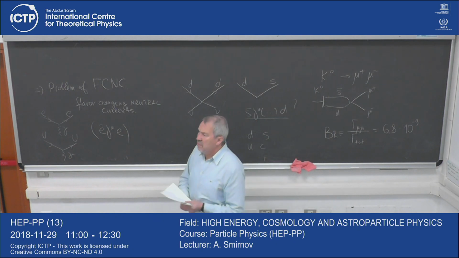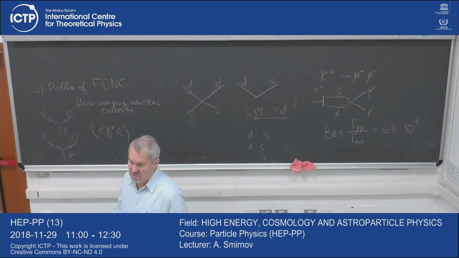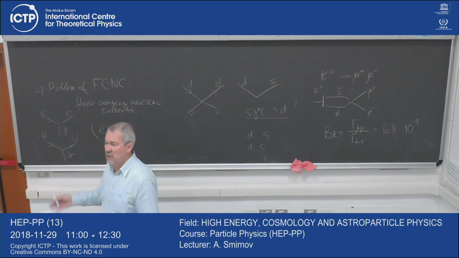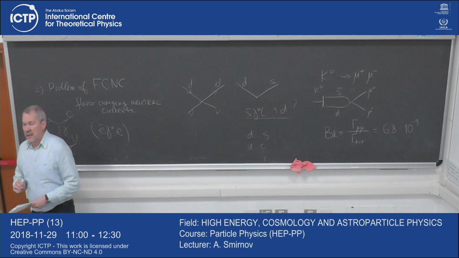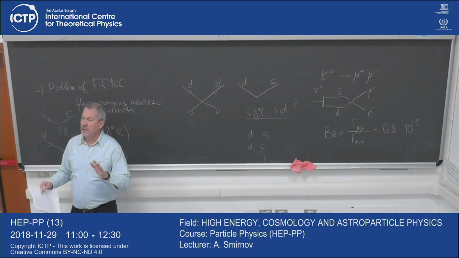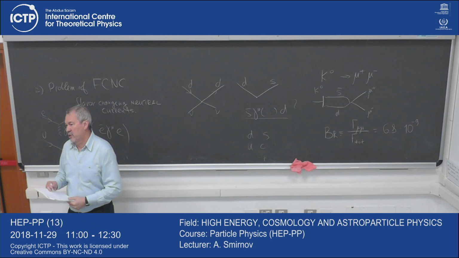Well, we can say that maybe the theory is organized in such a way that there is no such current. If it's so small, maybe it's just 0. The coupling is 0, so there is no such coupling. Now the problem is that even if you do not introduce this type of current, you will still have transitions which will lead to this flavor change.